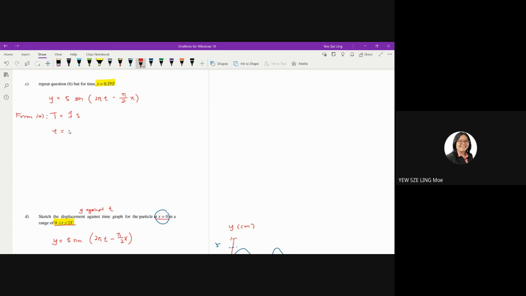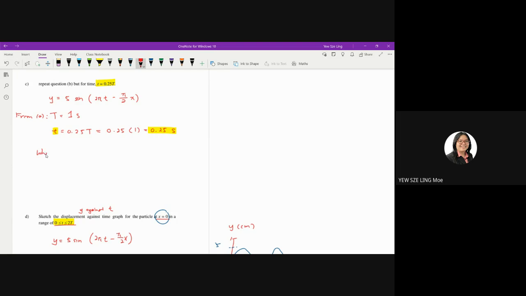Therefore, t equals 0.25 times 1, which is 0.25 second. The question asks you to sketch a y against x graph for time t equals 0.25 second. So now you have 0.25, you can substitute it into the equation.